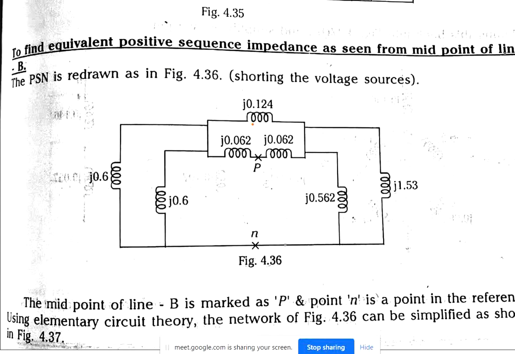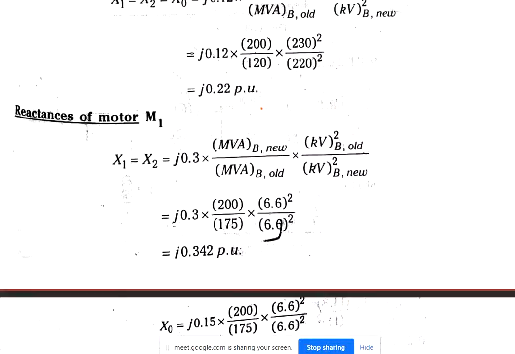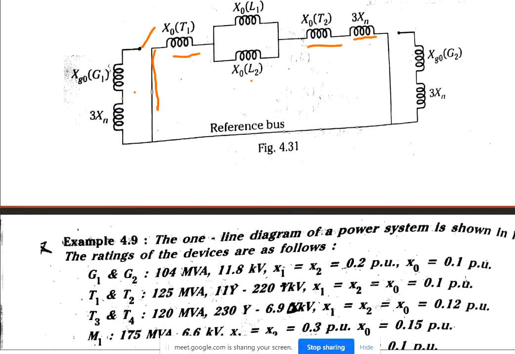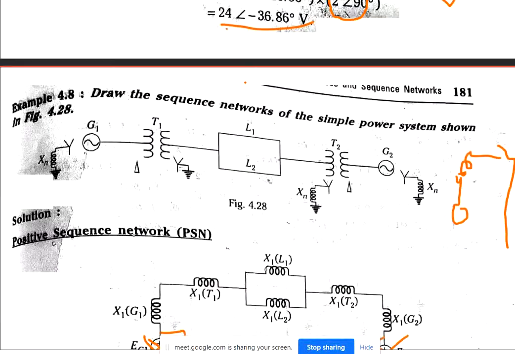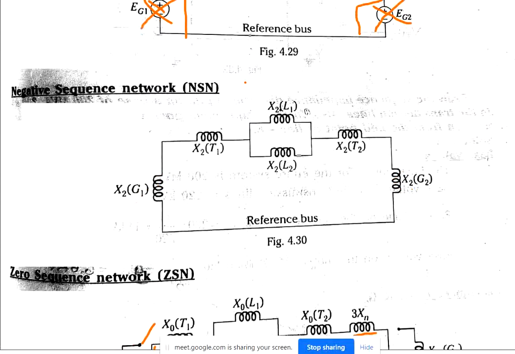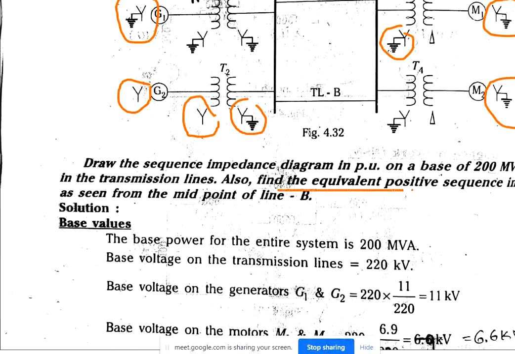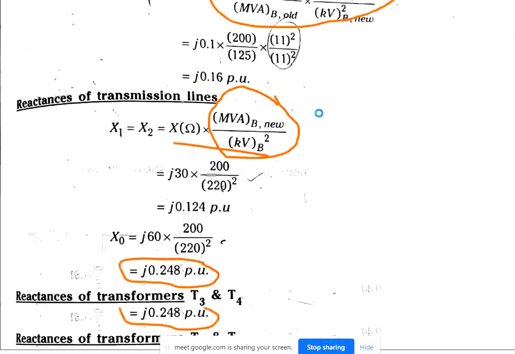So as the power system network has been redrawn again, when you see from the midpoint of this, in the question you had been given, you can see here, to find the equivalent positive sequence impedance as seen from the midpoint of line B. From here, what is the positive sequence impedance, that we need to check.